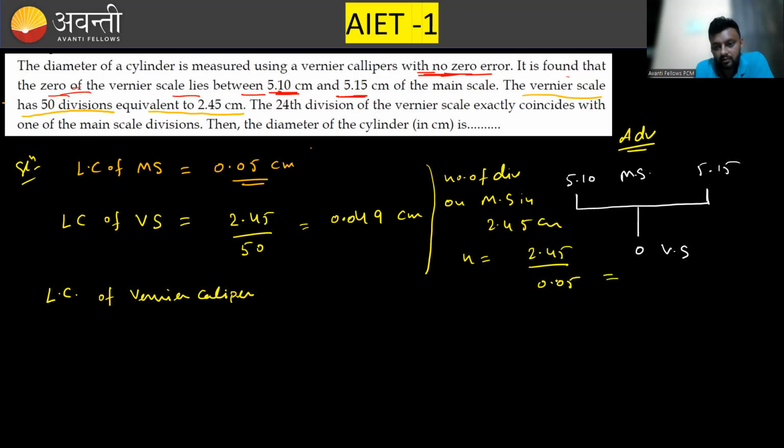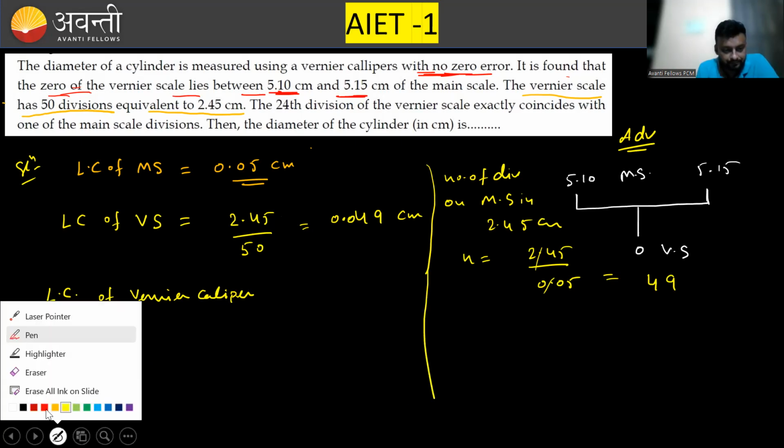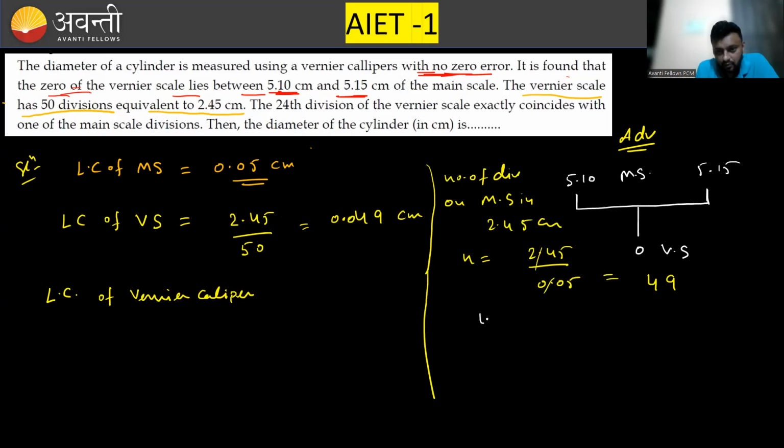If you solve it, you will get 49. So what is the conclusion from this? You can conclude 49 main scale divisions are equivalent to 50 vernier scale divisions.